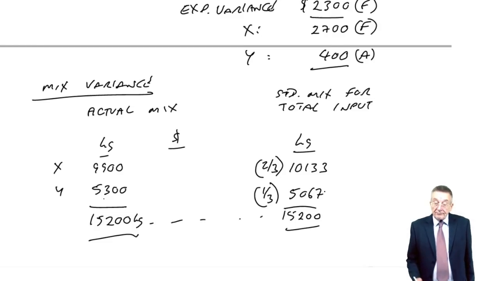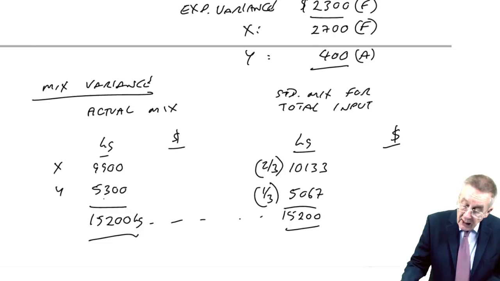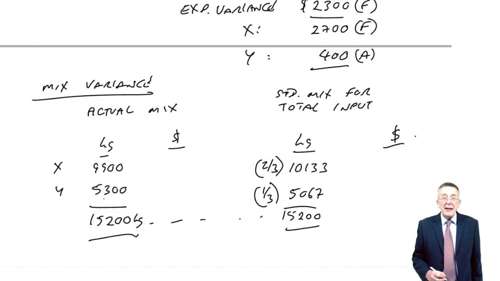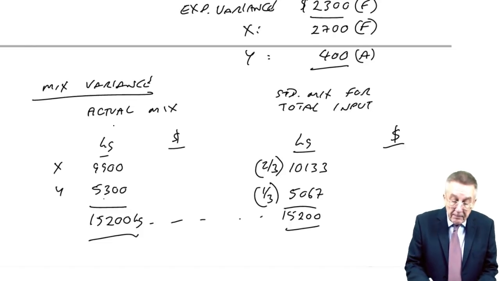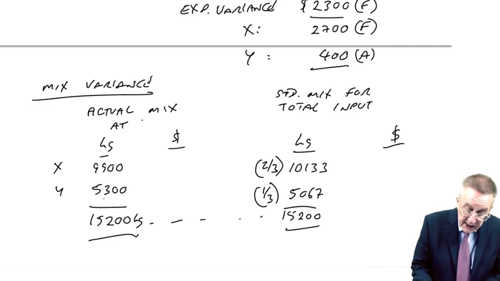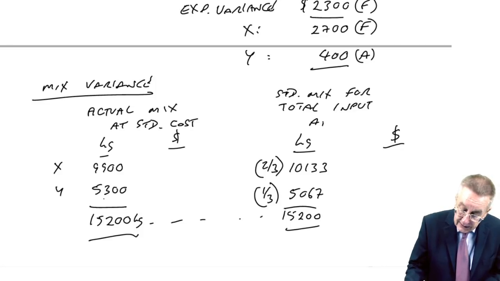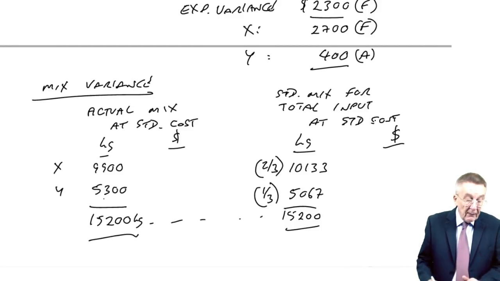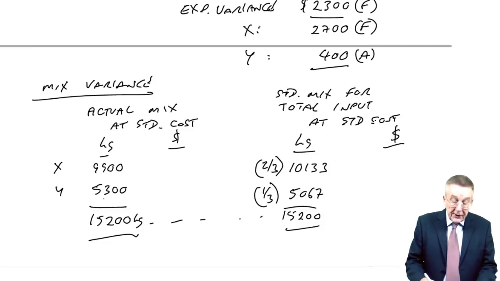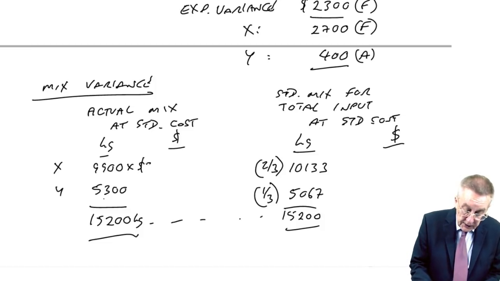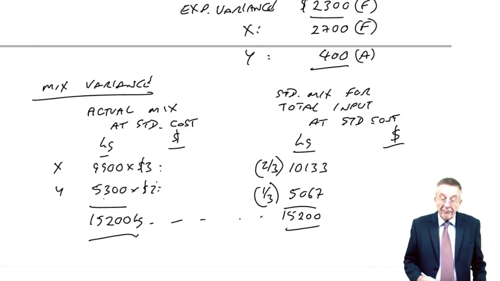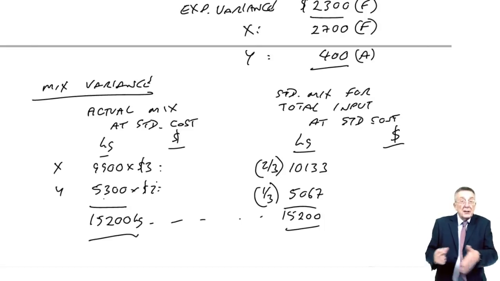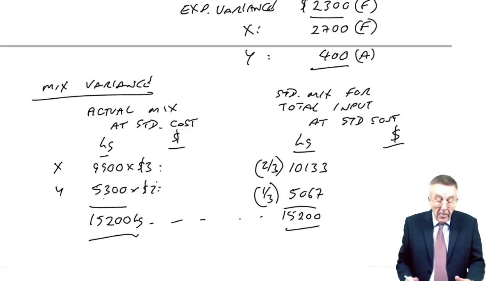We need to cost it. Well, remember, we've already dealt with the expenditure variance. So in both cases, we'll cost at standard cost. And what were the costs? Standard costs are $3, $2. So I know we've already done these workings, you can save time, just copy what we had above.